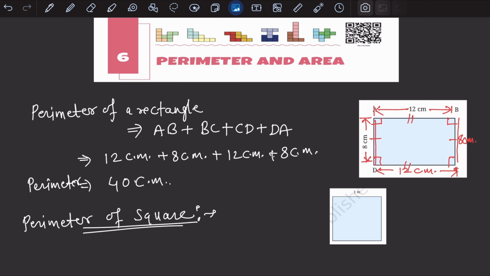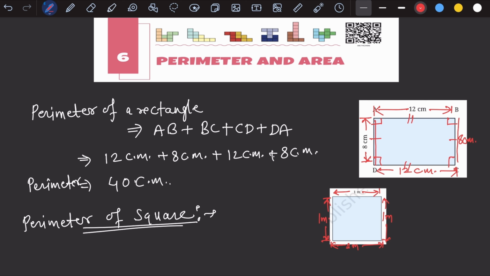Okay, if we take the square like this, then we can see the dimensions. If this side is 1 meter, then all the sides will be 1 meter. Okay, this one will also be 1 meter, this one 1 meter, and this side will also be 1 meter.